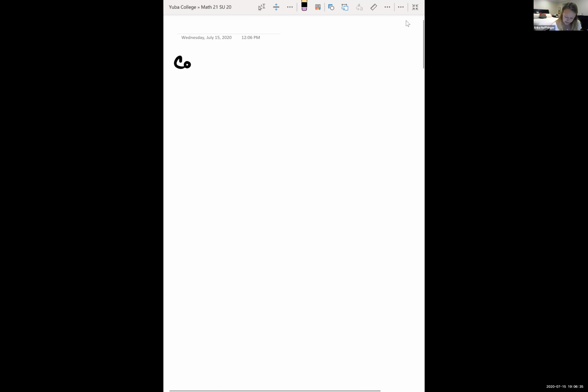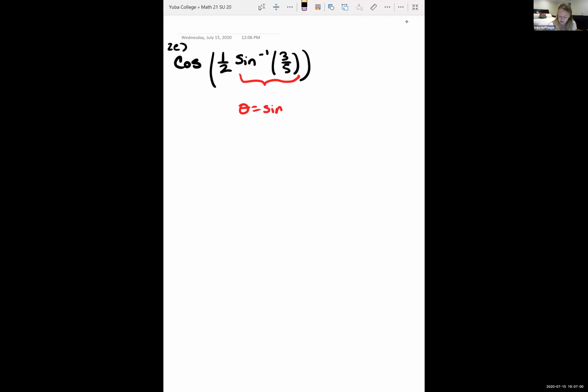Okay, so we have cosine of 1/2 sine inverse of 3/5. We don't know sine inverse of 3/5. We don't know what angle would give us that back. And so this is where if we let theta equal sine inverse of 3/5, we take sine of both sides.